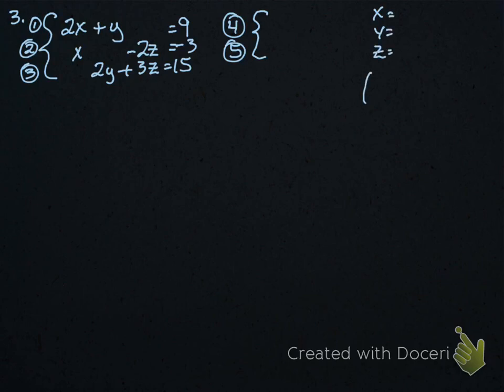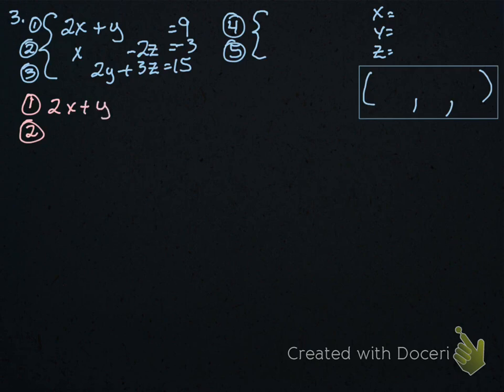I'm going to start with 1 and 2. I'm going to get rid of my x. Multiplying our second equation by -2.